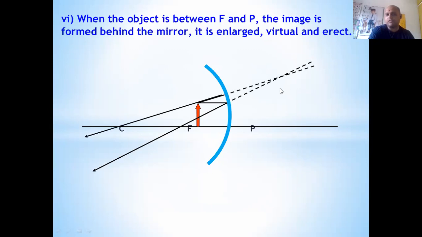Look at the size of the image formed, है ना, it is enlarged. Look at these two rays, we have to extrapolate them, है ना, beyond the mirror, so it will be virtual. If it is virtual we cannot project it on a screen, correct? Yes or no? Yes, sir. Very good.